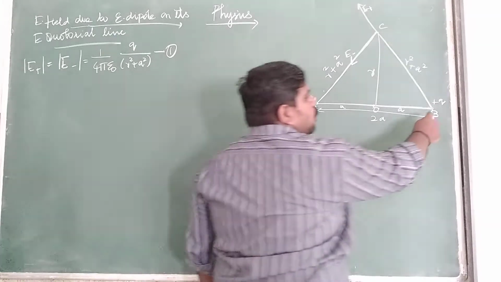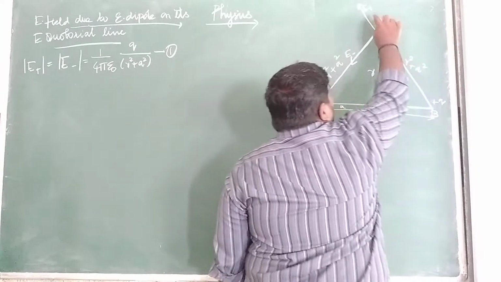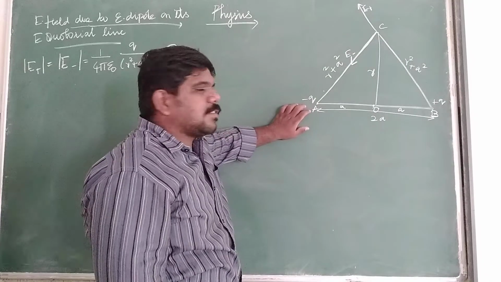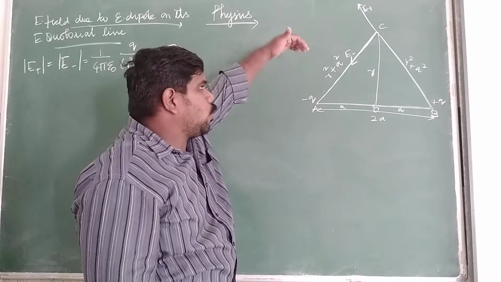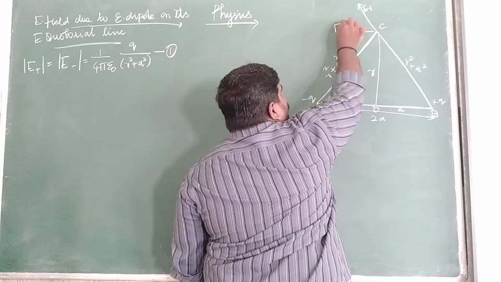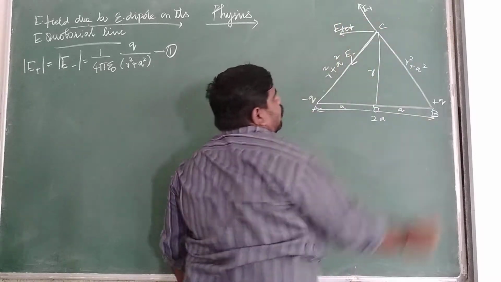So E plus will be along BC, and E minus, due to the charge minus Q, will be towards CA. So the resultant will be the total electric field.